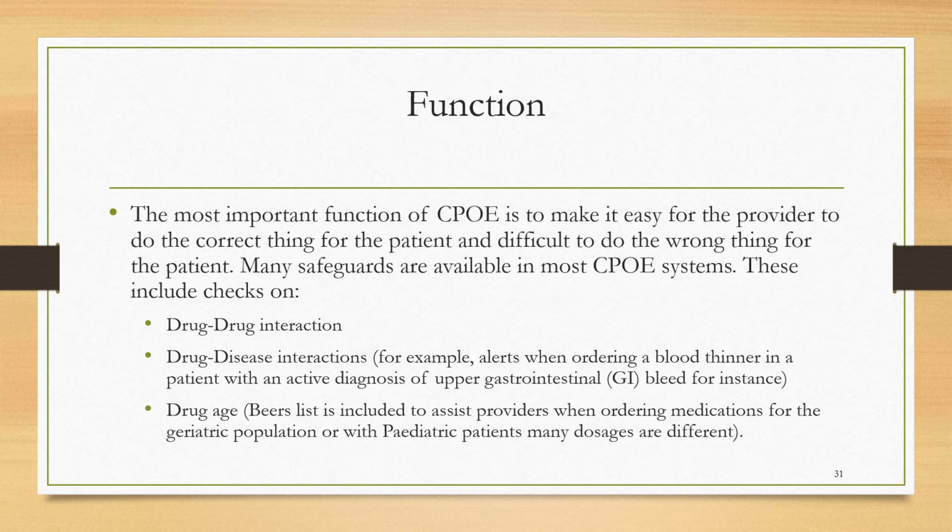Many safeguards are available in most computerized provider order entry systems. These include checks on drug-to-drug interaction and drug-to-disease interaction, for example, alerts when ordering a blood thinner in a patient with an active diagnosis of upper gastrointestinal (GI) bleed, for instance.